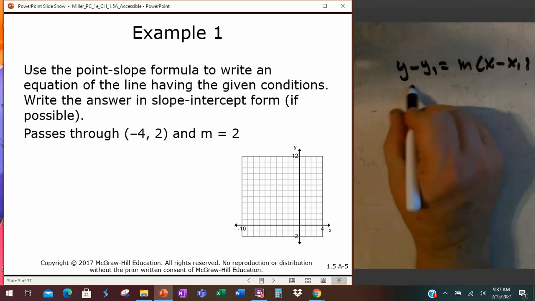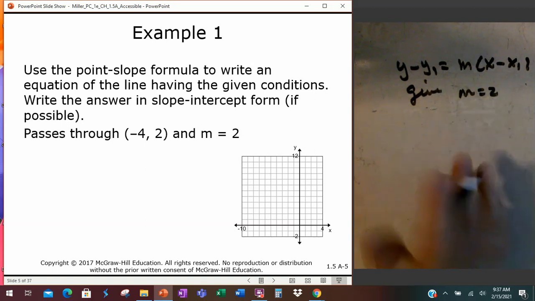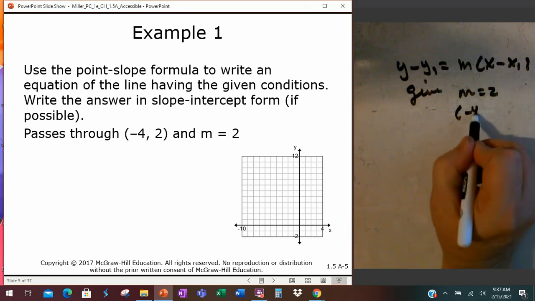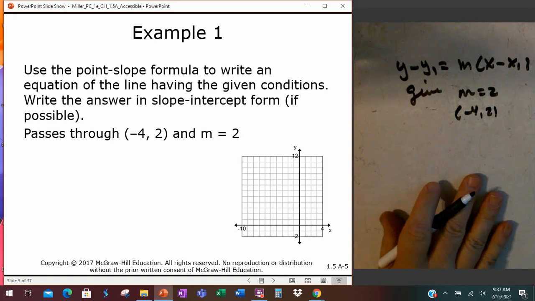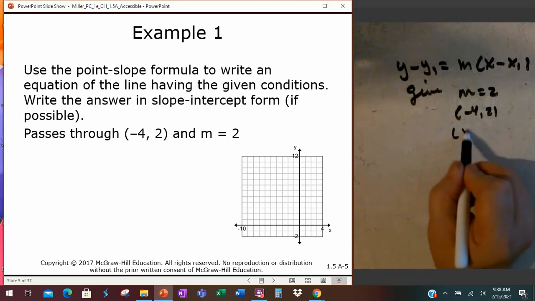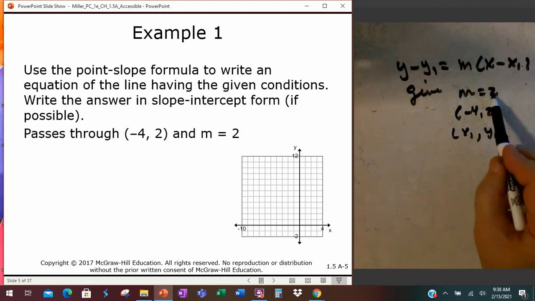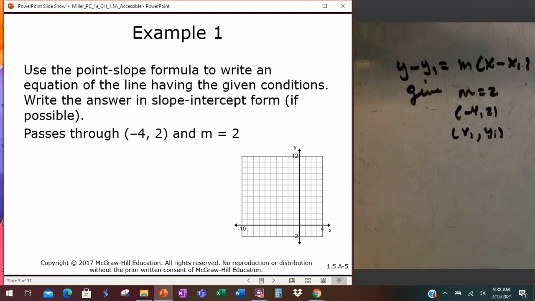Okay, so I'm given that m is equal to 2, and it goes through (-4, 2), goes through that point. So I just want to put these things in here. Here's my x1, here's my y1. So my y1 is going there, my x1 is going there, there's my slope, and then I just write it.